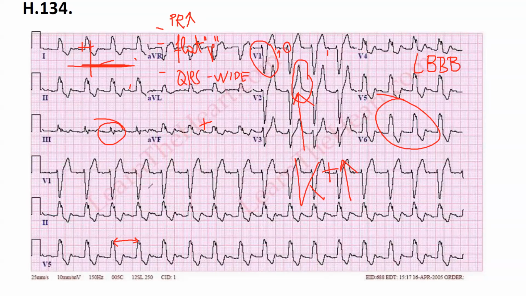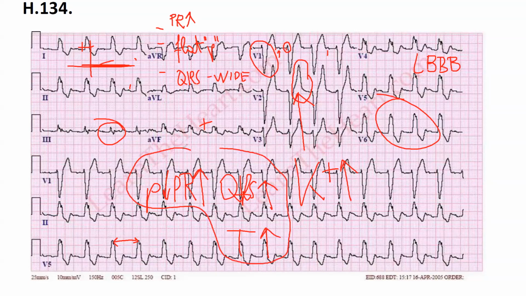First of all, P wave flattening, PR widening, QRS widening, and a prominent T wave. So what you see here is not a left bundle branch block, but is due to hyperkalemia.